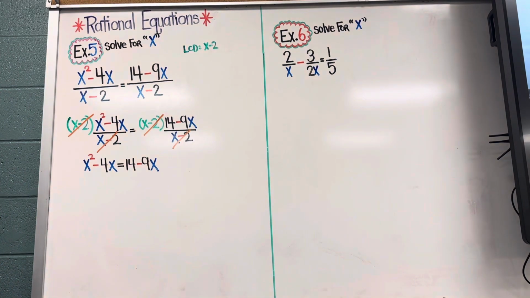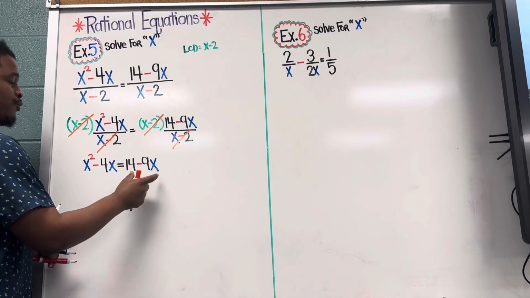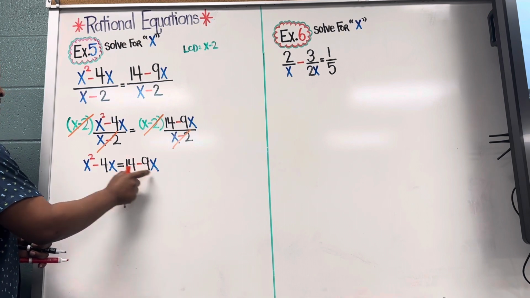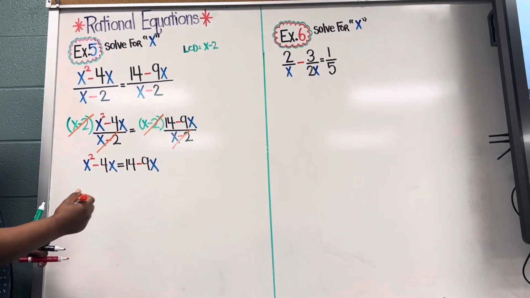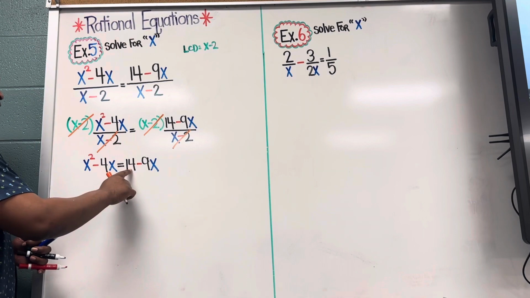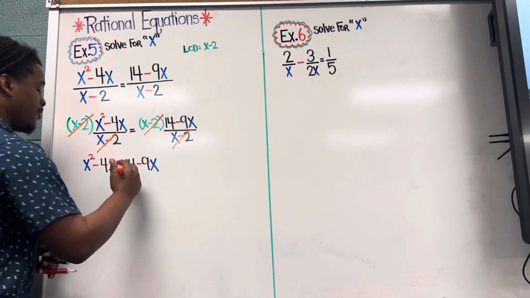Now, my next objective, guys, is to move everything on one side. I'm going to move everything on one side, and I'm going to combine like terms, okay? So I want to move 14 minus 9x to this side, right? So what I'm going to have to do is the inverse of positive 14, which is negative 14.